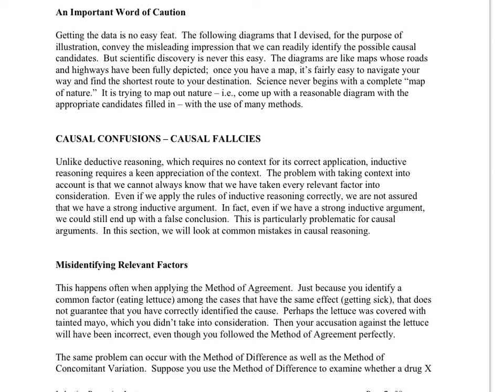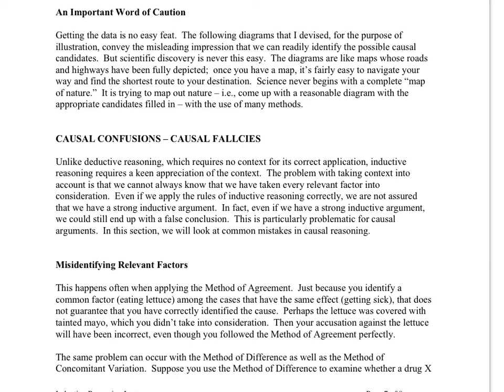So I don't want to give any mistaken impressions that applying these methods would be an easy, direct thing to do. It can take years to actually figure out, for example, what it is that gets people sick, and what it is that could make people healthy.